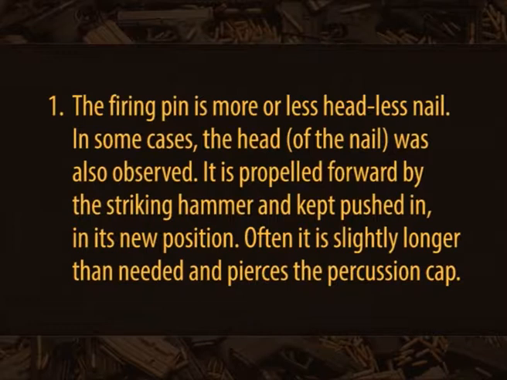In some cases, the head of the nail was also observed. It is propelled forward by the striking hammer and kept pushed in its new position. Often it is slightly longer than needed and pierces the percussion cap. Thus, gases leak backward.